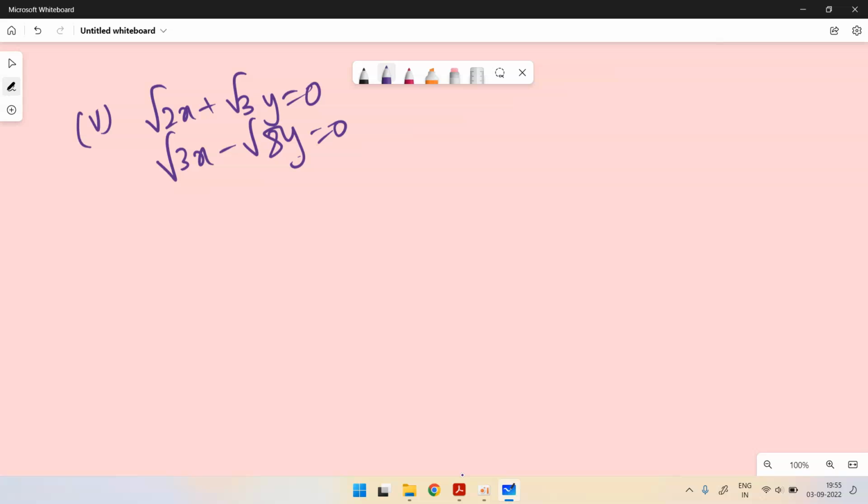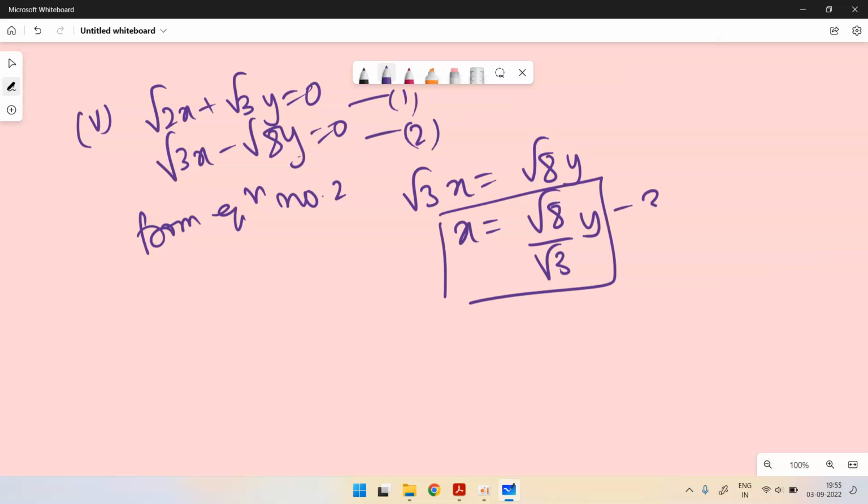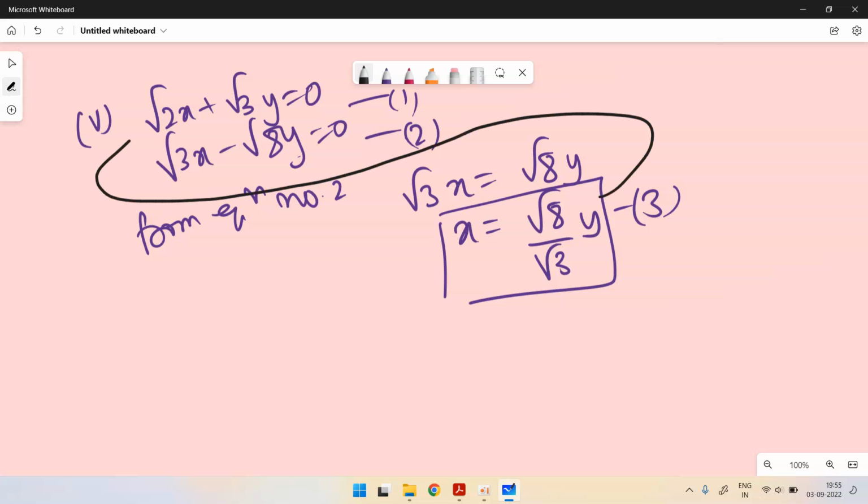Now, I'm taking this as equation number 1 and this as equation number 2. From equation number 2 you get that root 3x equal to root 8y, and x equals root 8 by root 3 y.